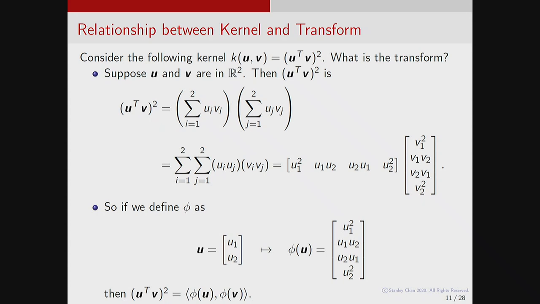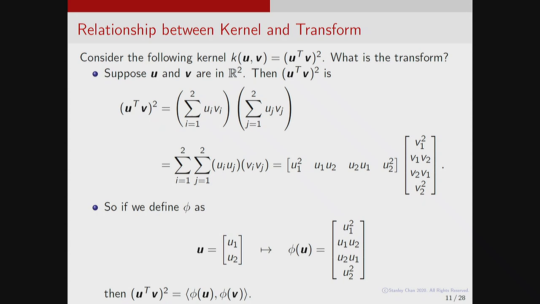Another example, which is more useful in practice, is called the radial basis function. I guess some of you have heard this name before. A radial basis function is another kernel. Remember, a kernel is nothing but a measure of the distance between two data points.